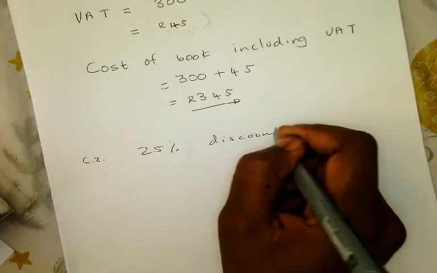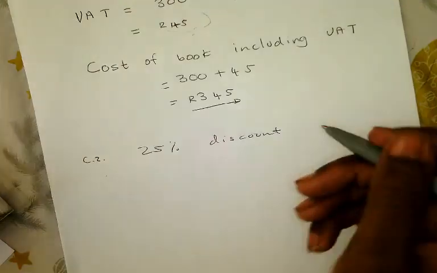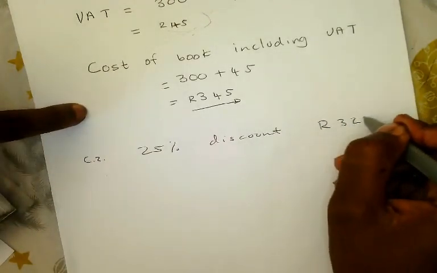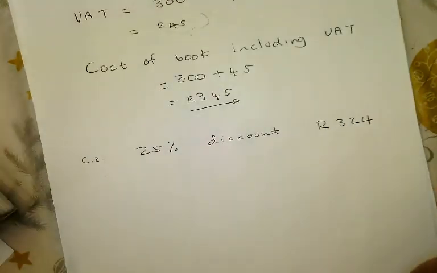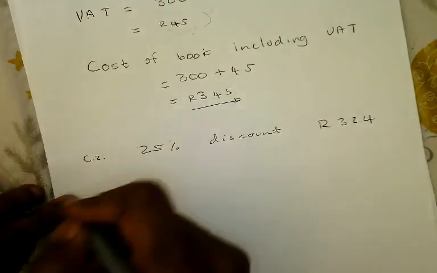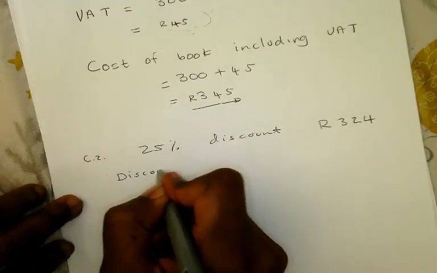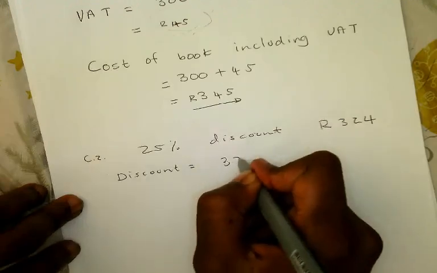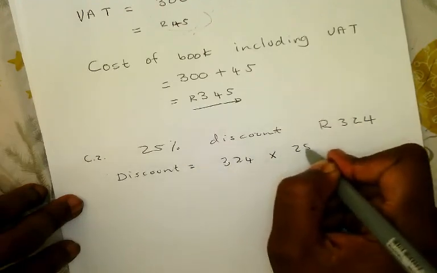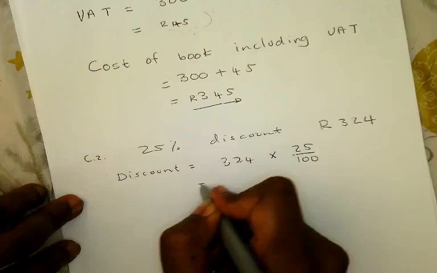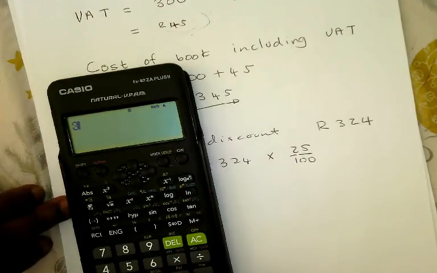And the price of the diaries is 324 currently. So we need to calculate the discount. 324 multiplied by 25 over 100, that will be 81 rand.